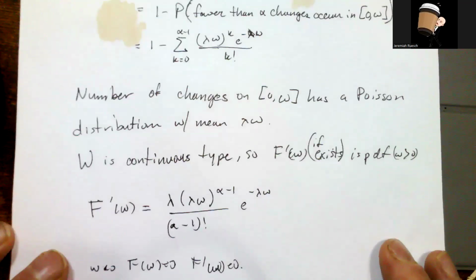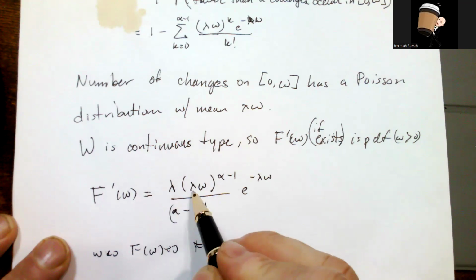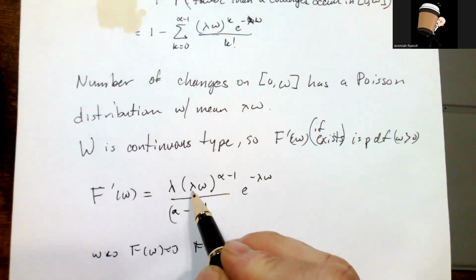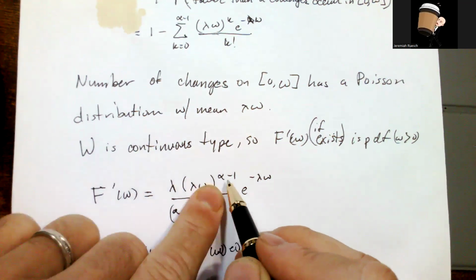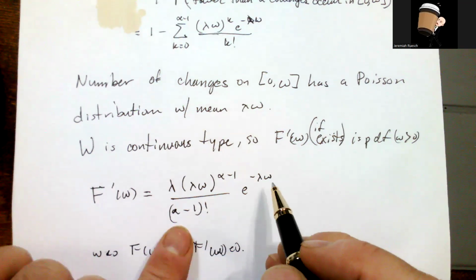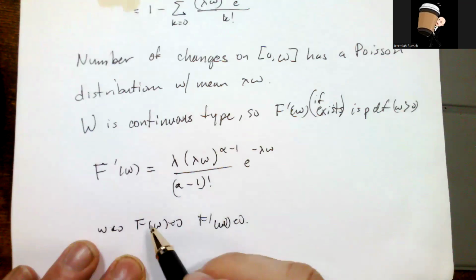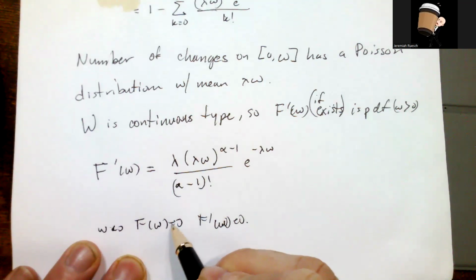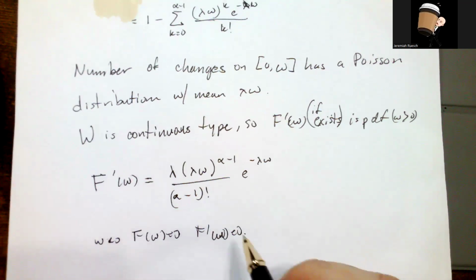And if that's the case, then we say that F prime of W is equal to lambda times lambda W, alpha minus 1, e to the negative lambda W over alpha minus 1 factorial. And then it's also important to note that when W is less than 0, we define that the distribution is 0, and so also the derivative would also be 0. Okay, so this is the gamma distribution. We're going to explore a little bit more detail here.